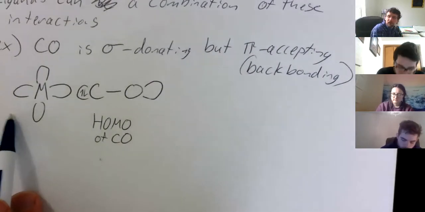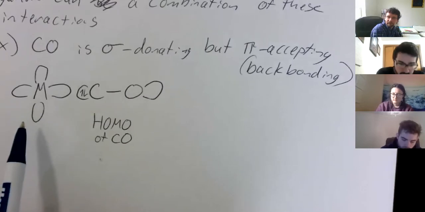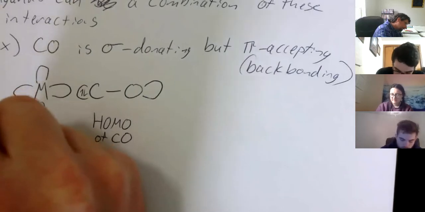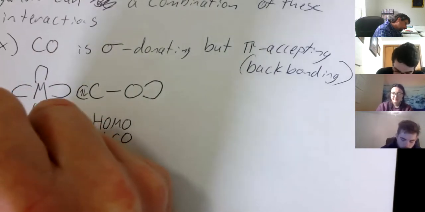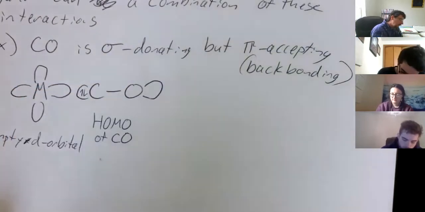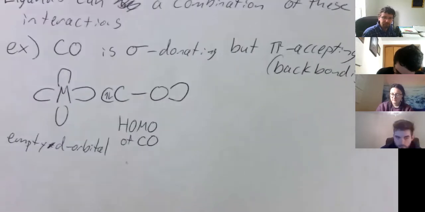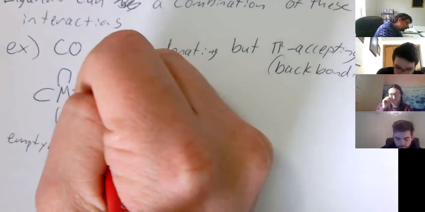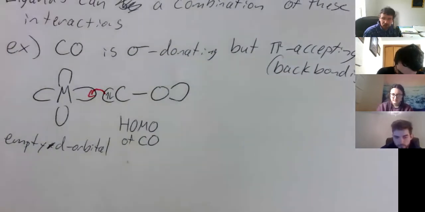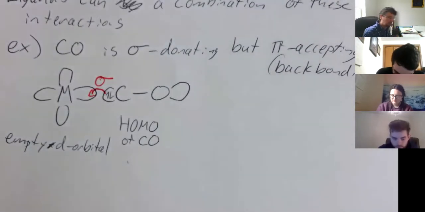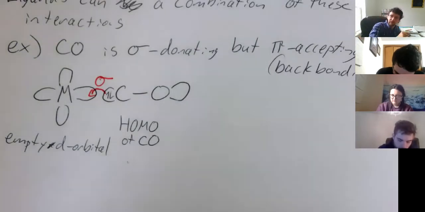This d orbital, would you expect it to be filled or empty? Empty. Yep. Can you tell me what's going to happen? Those electrons are going to go to that metal. Yep. And what type of interaction is that going to be? Sigma. It's a sigma type interaction, so electron density flows from the ligand to the metal.